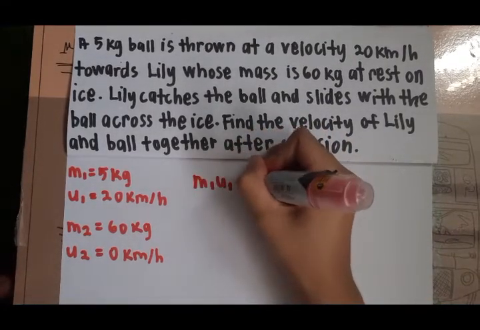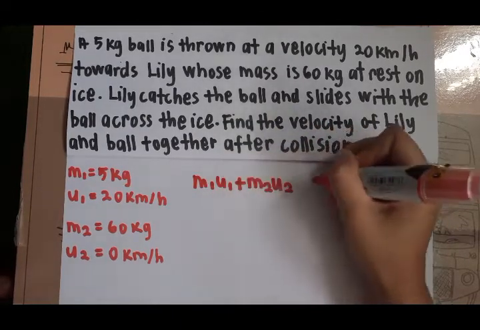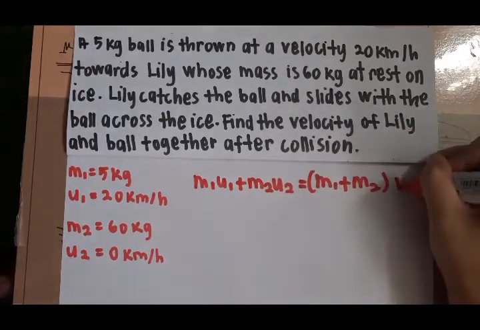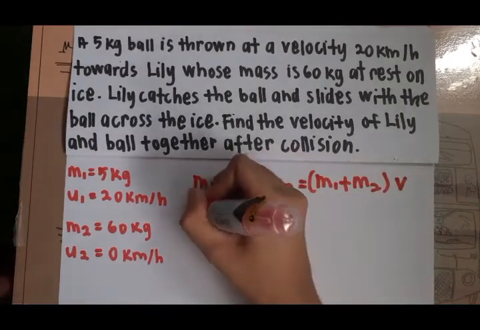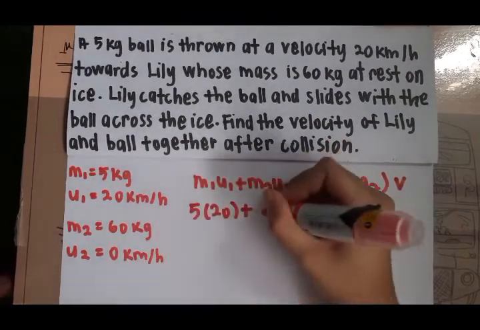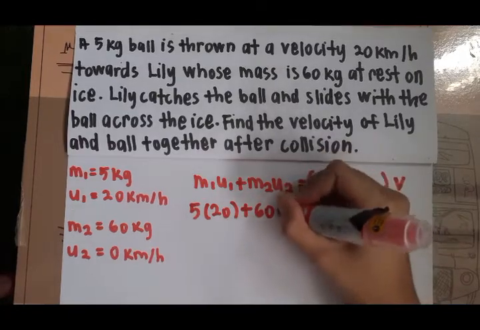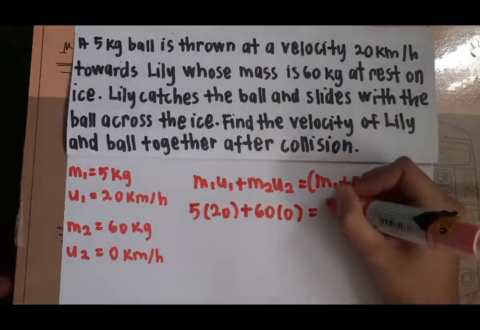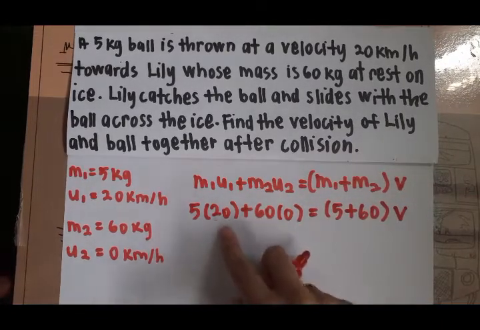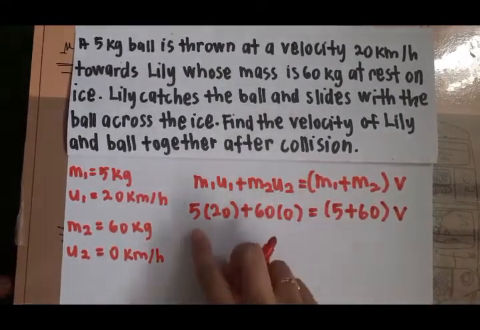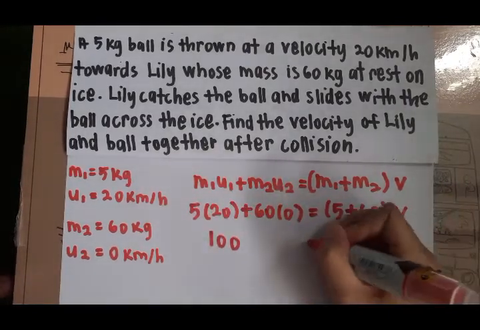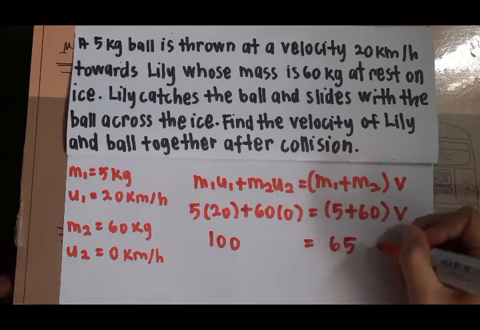M1U1 plus M2U2 equal to (M1 plus M2)V. Okay, so for M1 we have 5 kg times U1, which is 20 km per hour, plus M2 is 60 kg times U2, which is 0, equal to (5 plus 60) times V. So we solve the left side of the equation first. 5 times 20 plus 60 times 0, we have 100 equal to 65V.